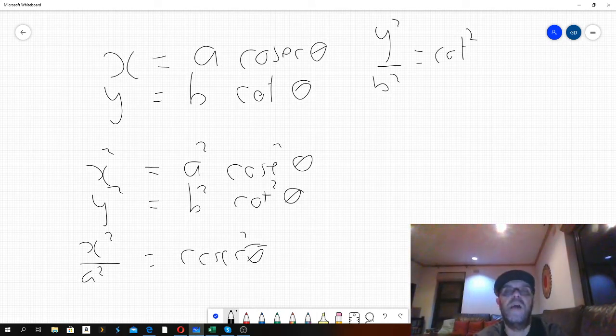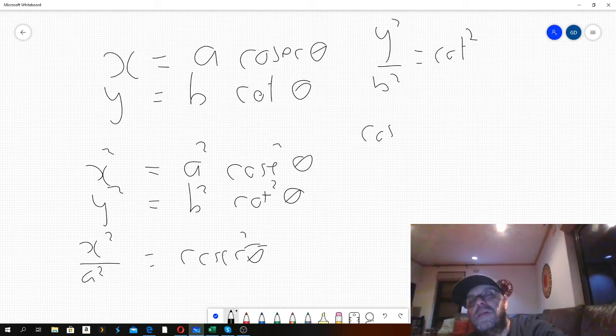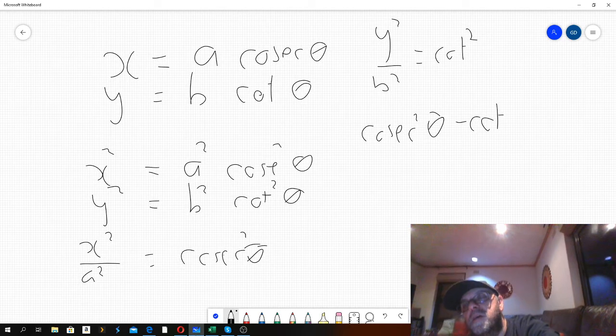Now I can write that cosec squared minus cot squared is equal to 1.